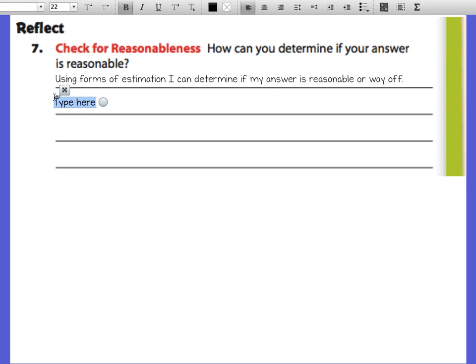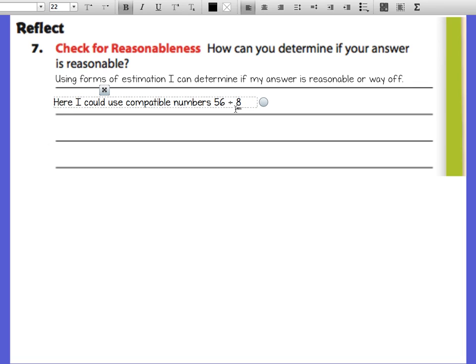So here I would use compatible numbers. Compatible numbers are numbers that work well together when you're dividing. They divide and don't give you remainders. So instead of 56 and 2/3, I could just do 56 divided by 8.